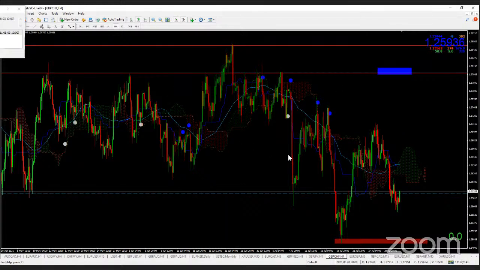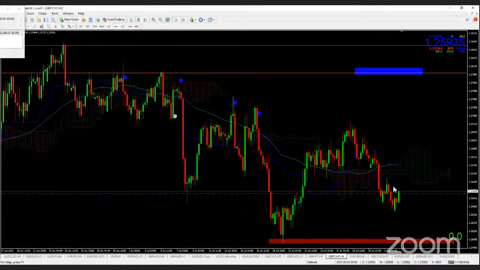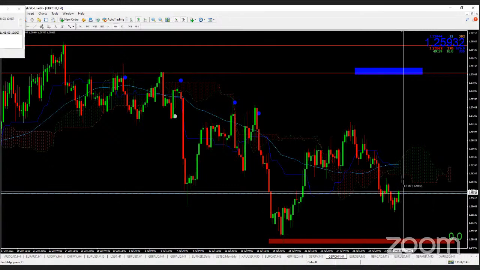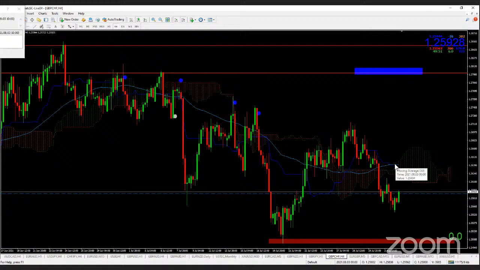Okay, so where would I be looking to take profit along the way? In trading, you don't just set arbitrary numbers, say, oh, TP120 or 30, TP250.